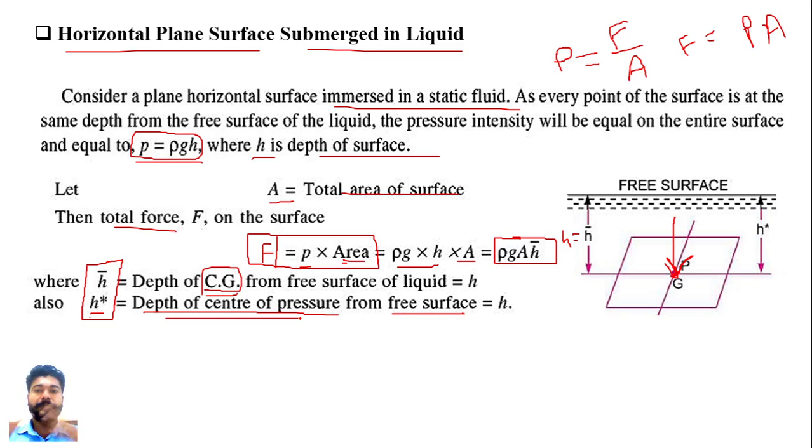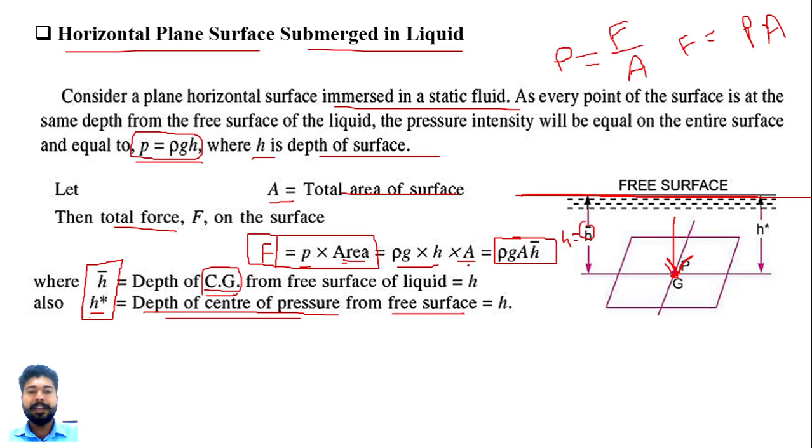CG, that is your moment of area, and that is purely dependent on the reference axis from where we are going to find the moment of area of any surface, be it a square, rectangle, circle, or any uneven surface. So it is mainly calculated from the reference axis, which here is the free surface. So the moment of area equals area into perpendicular distance, where the perpendicular distance is h bar.